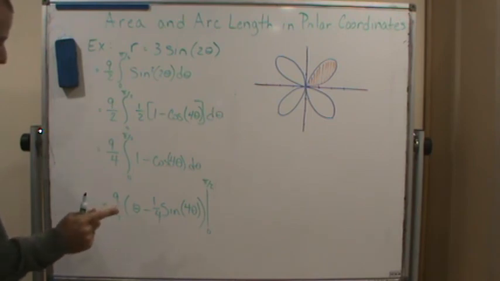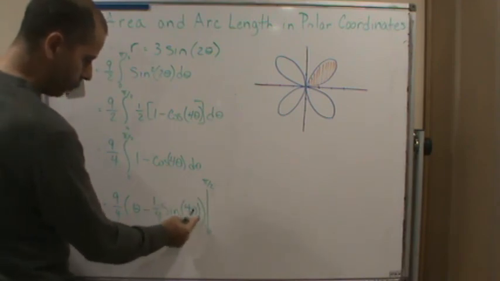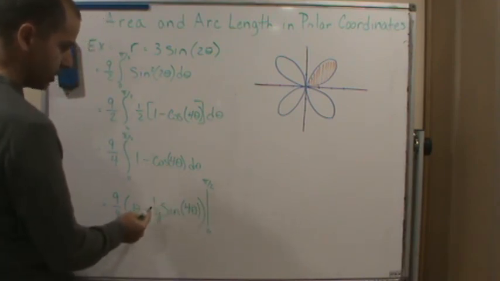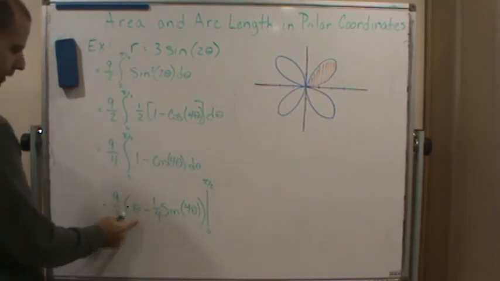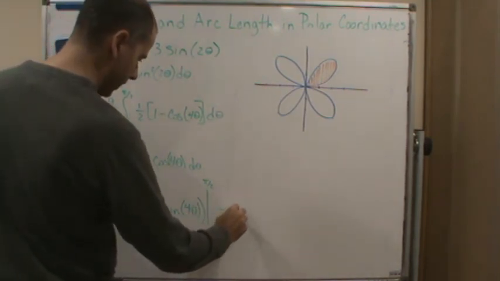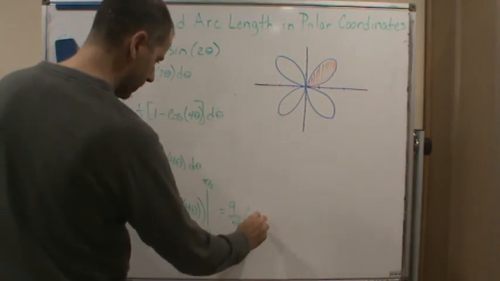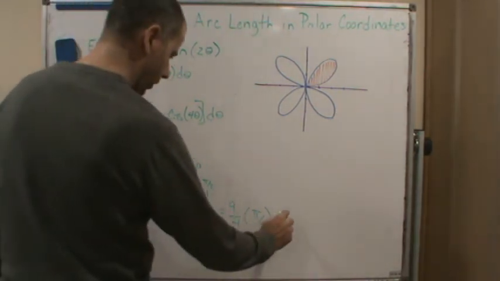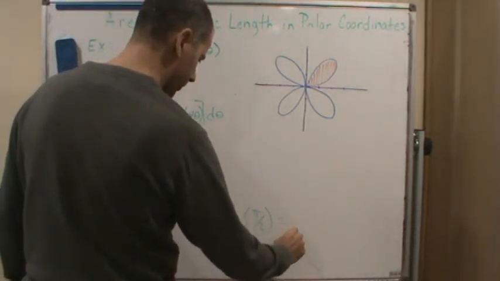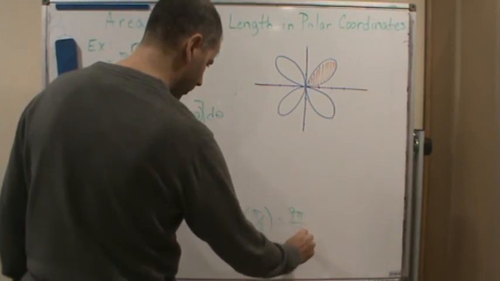At pi over 2, this 4 theta becomes 2 pi. What's the sine of 2 pi? 0. So this becomes 9/4 times pi over 2, which equals 9 pi over 8.